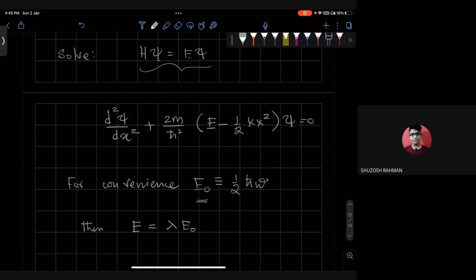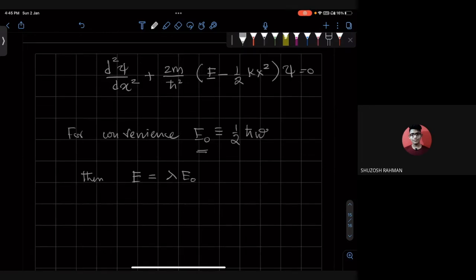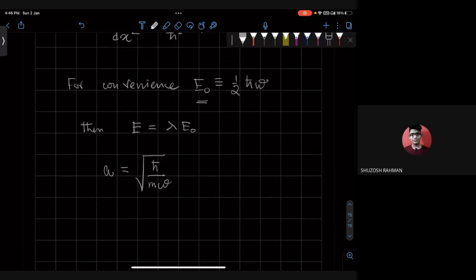So we can now express our Schrodinger equation in terms of lambda. We can also show that the classical amplitude A is essentially given by the square root of h bar over m omega. We can take this as a unit of distance, and say that x equals x prime times A. So this is measuring distance in terms of A.